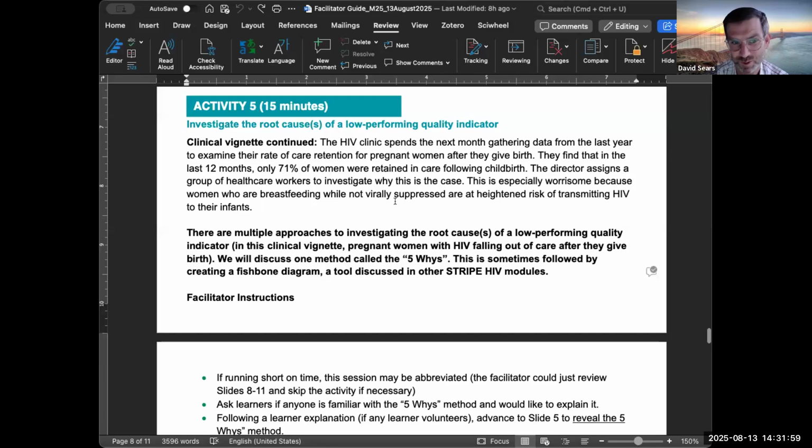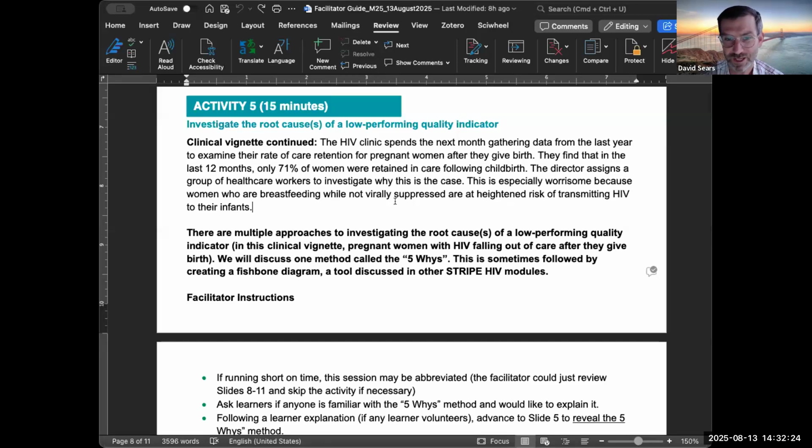There are a lot of approaches out there for trying to get to the root cause of a problem. And one approach, which was introduced in one of the other STRIPE modules, is a process called the 5 whys. The idea is you look at the area of quality that you want to improve that's maybe short of standards, and you ask, why is that?